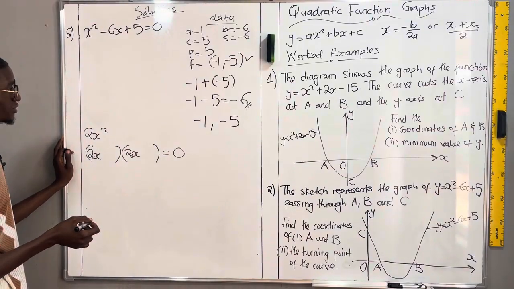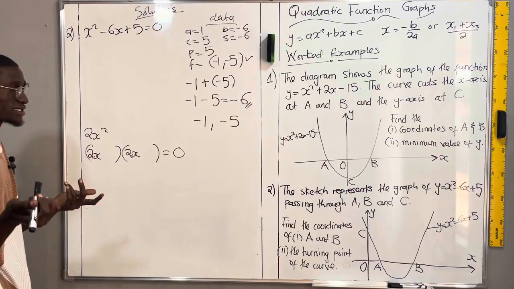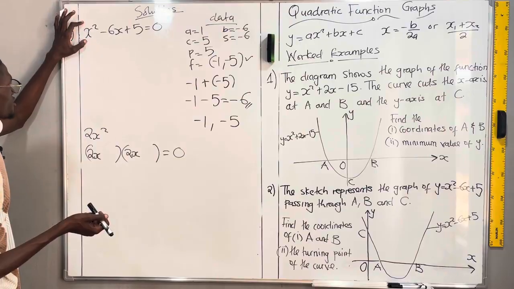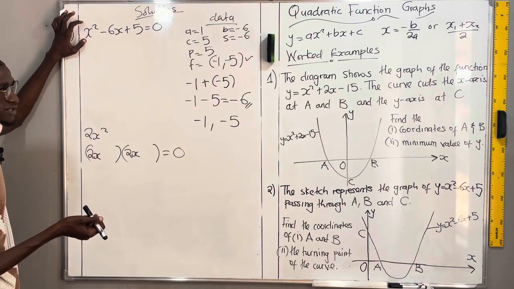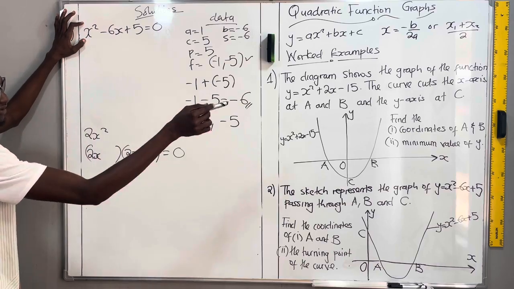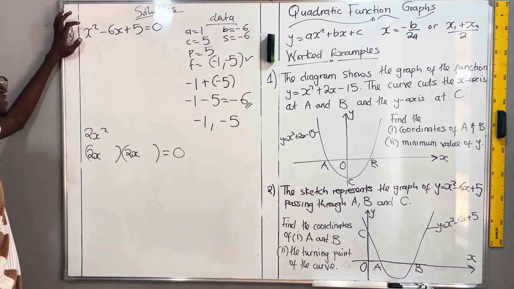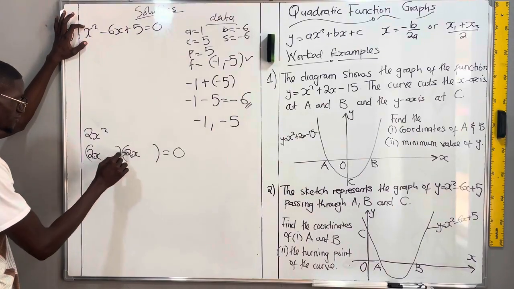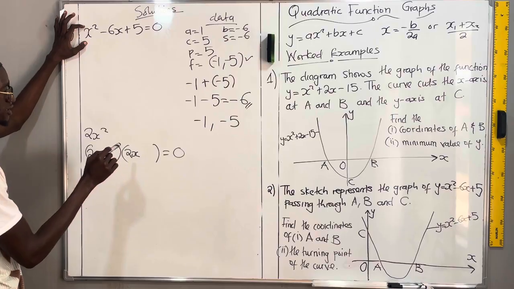Very, very important, because you might get stuck in case the questions I'll give you have a coefficient greater than 1. So you pick this x together with its coefficient. The reason it didn't appear in this question and the previous question was because it is simply a 1. So if you have a 3 here, you put a 3 here in front. Even there, you put a 3. Very important. Take note of that.